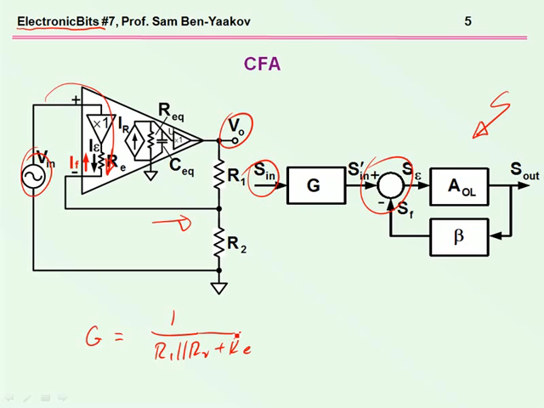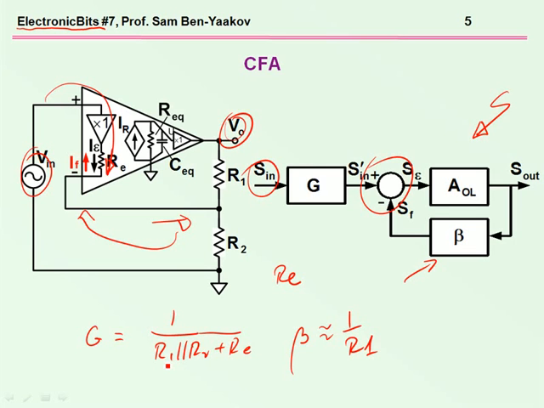Now what is beta? Beta is the current that we'll get from the output back into the input terminals, and assuming that RE is small, which is normally the case, it turns out that beta is approximately 1 over R1. So in this case, G over beta will give us, of course, the gain when beta A is larger than 1.